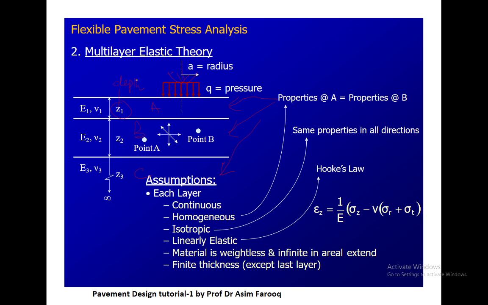But if we consider the same dynamic loading, then we will call it UCLA, uniform distributed circular area loading. Here A is basically the radius, while Q is the pressure, and Z determines the depth, while E is the elastic modulus, and so on.